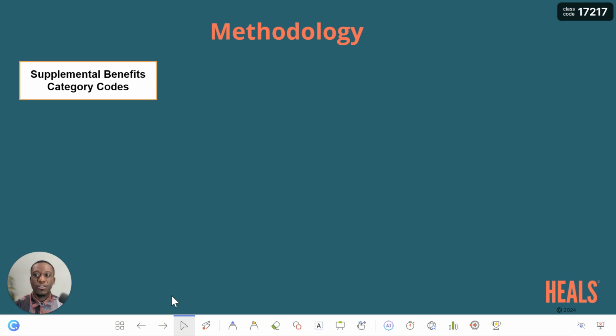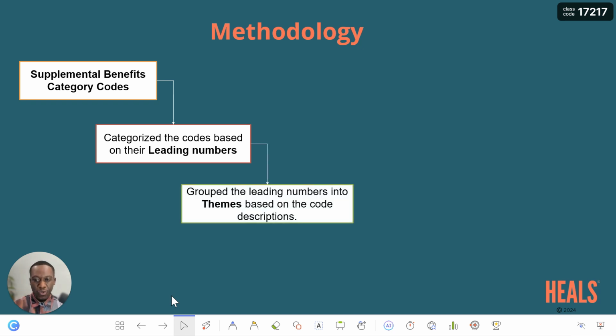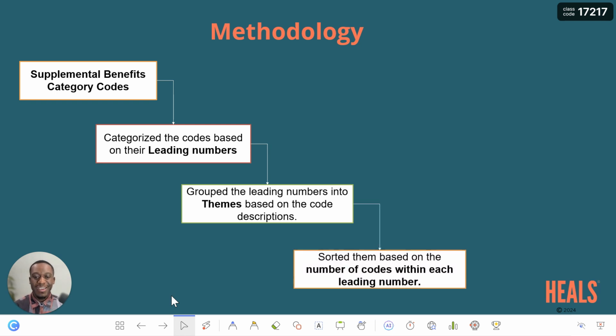Last week, we went through all the supplemental benefits codes that CMS published on the CSSC operation website, looked deeper at them, and categorized them into different themes that are shared among them. We used this methodology: we categorized the codes based on their leading numbers, grouped the leading numbers into different themes based on the code descriptions, and sorted them based on the number of categories.